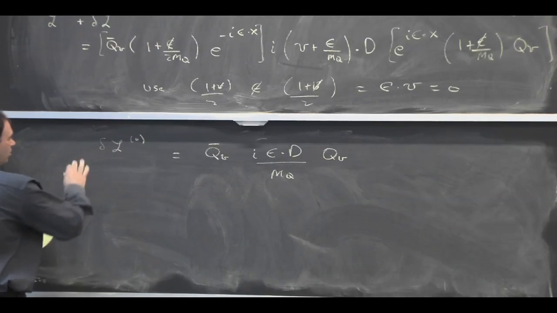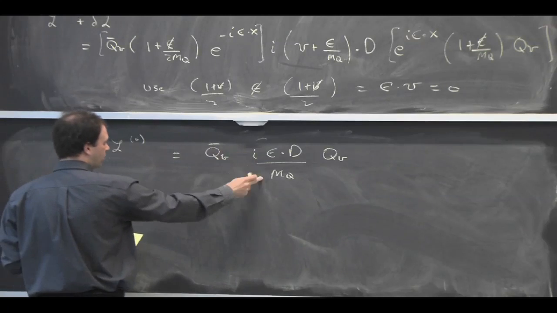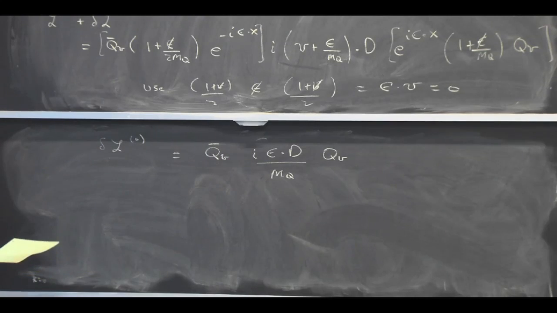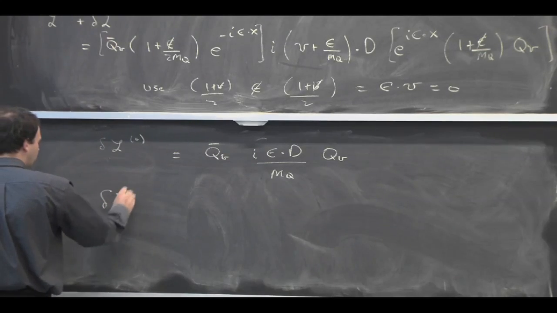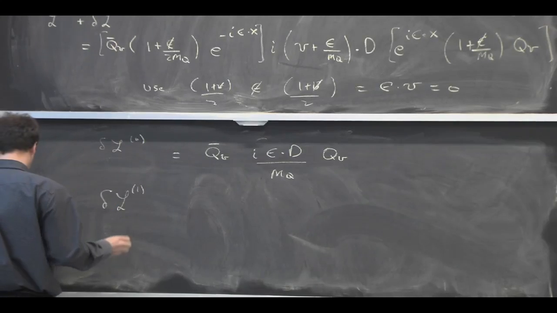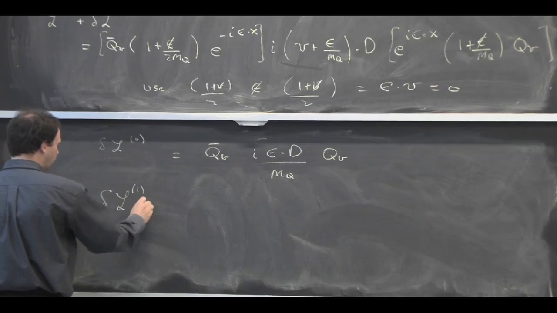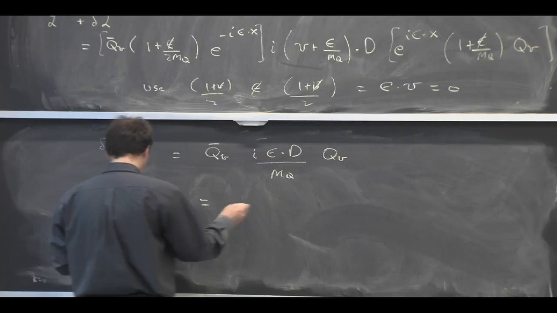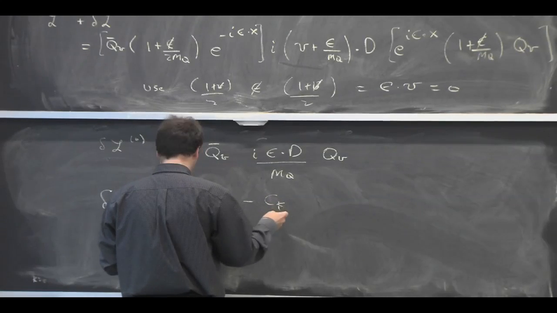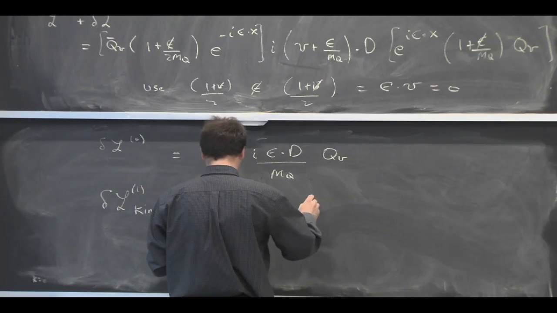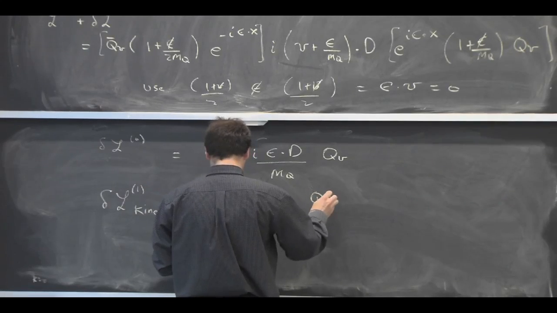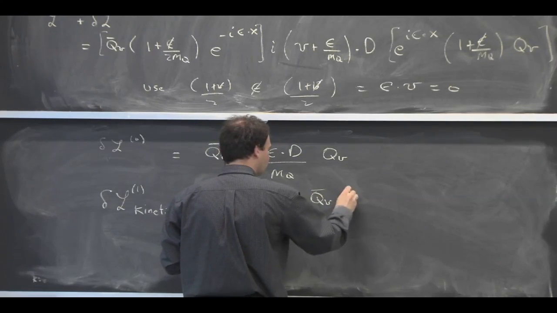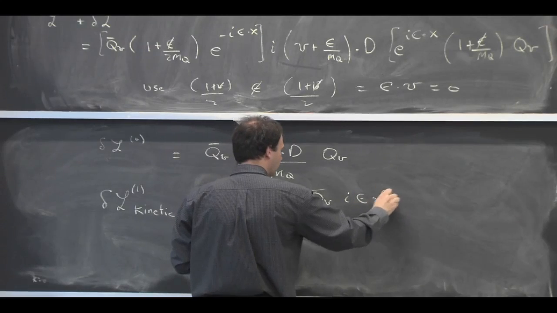And if you look at this, it has to cancel against something that's order 1 over mQ. If you look at the terms that we had at order 1 over mQ, there was a kinetic piece. We called it the kinetic energy piece. If we do the change there, there is a contribution from the phase in this case because we had transverse derivatives. So we can have epsilon dot D transverse.